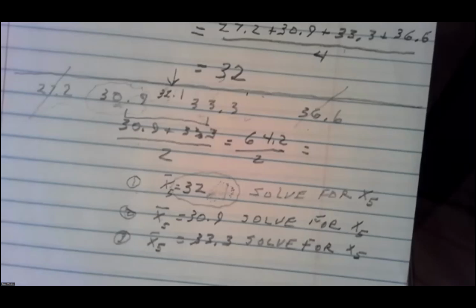Now, for the last one, you'll let x bar 5 equal the last value, which was 33.3.